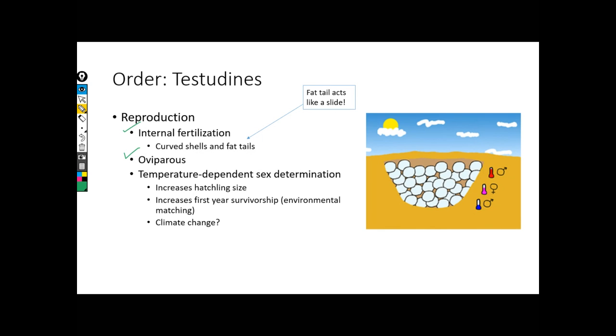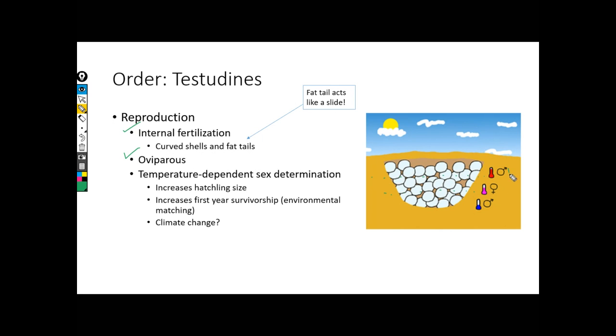All eggs are gender neutral upon fertilization. And so how warm the eggs are within the nest through an important developmental stage will then dictate whether those eggs will be male or female.